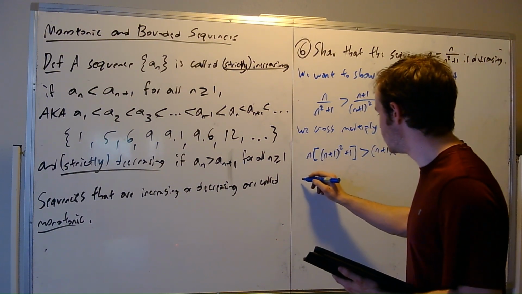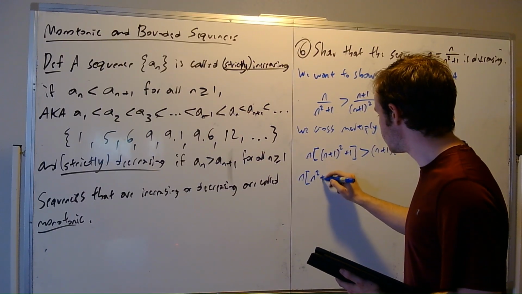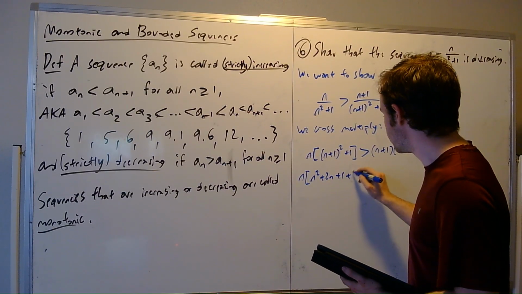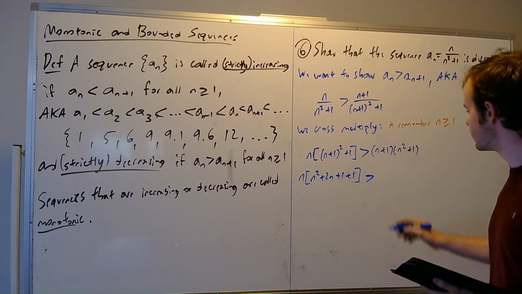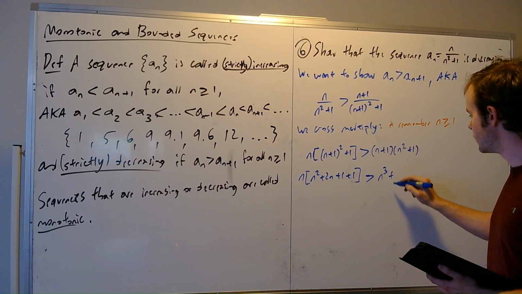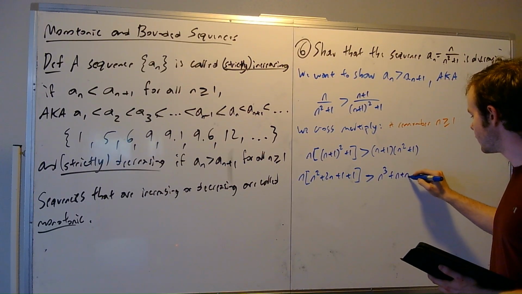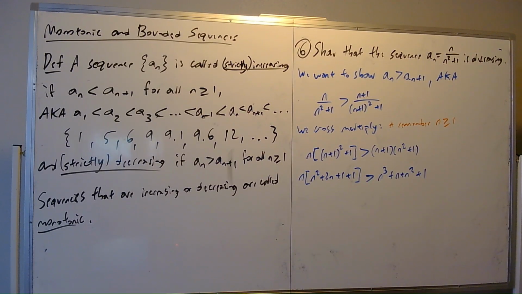So we're going to have n times, this would be n squared plus 2n plus 1 plus 1 is greater than, and then on this side, we just need to FOIL this out. So we're going to get n cubed plus n squared plus 1. Okay.